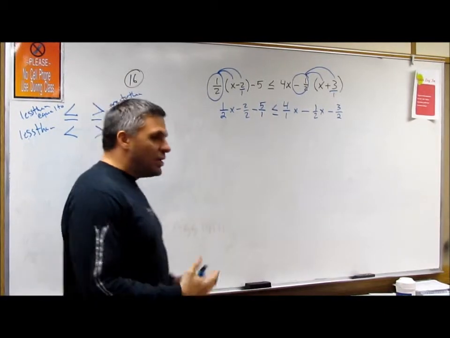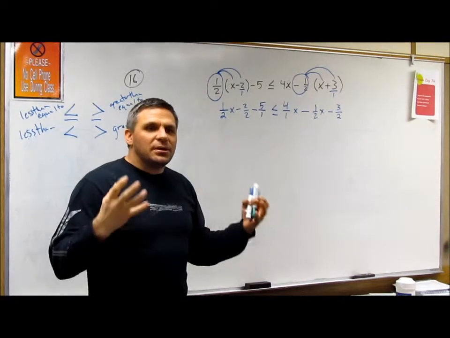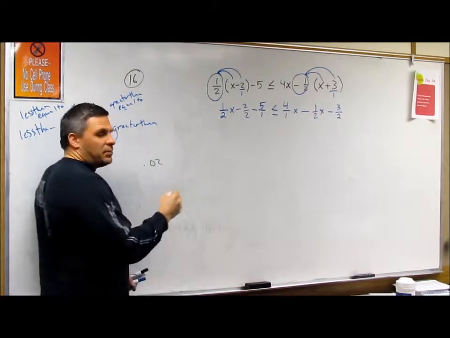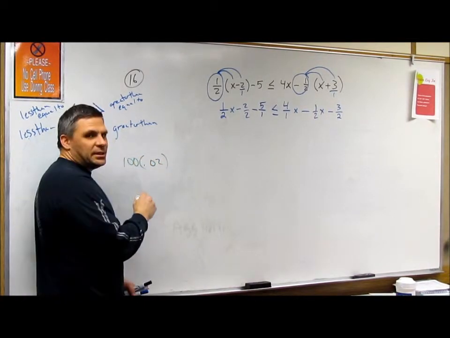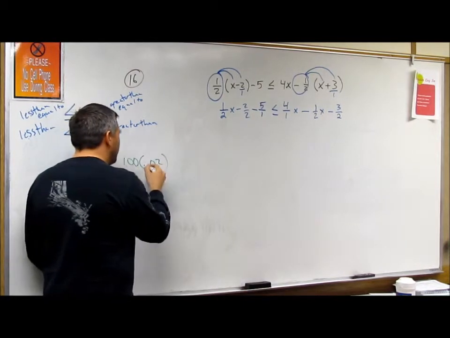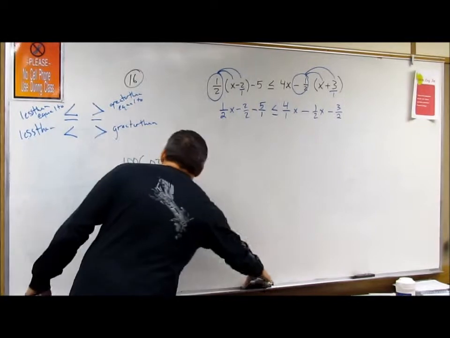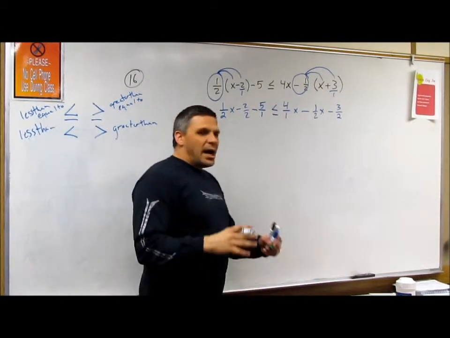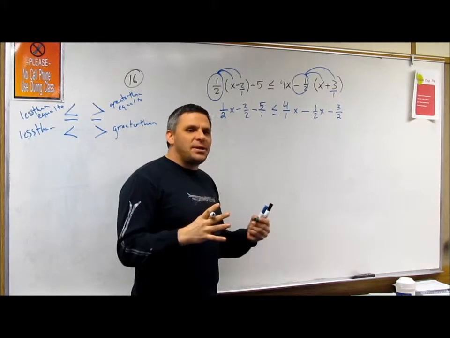With decimals, you get rid of them by multiplying by the right number. If it's like 0.02, I'm going to multiply this by 100, and it moves over 2 places, and now it becomes a 2. Well, with this, I want to multiply by the common denominator.